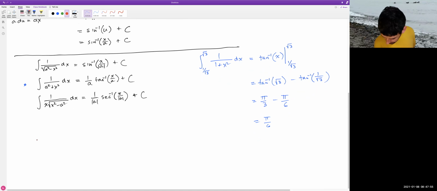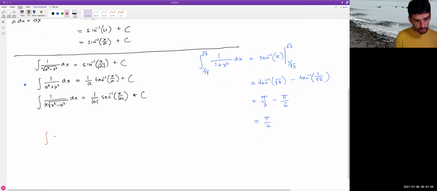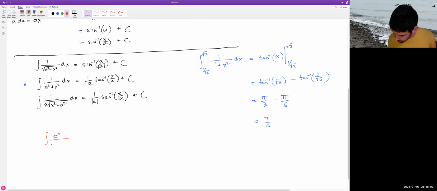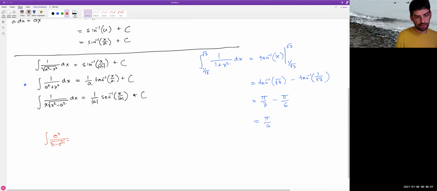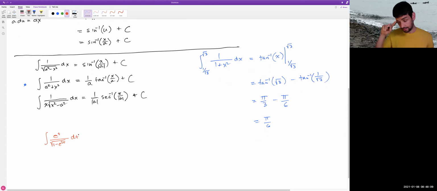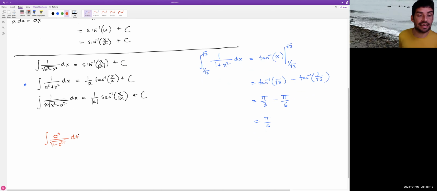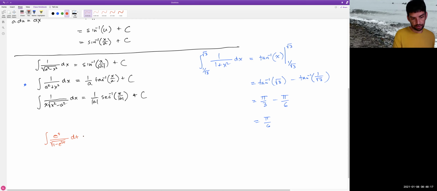Let's take the integral e to the t over the square root of 1 minus e to the 2t dt. Okay, so now this one doesn't look exactly like one of these, but we can use a little bit of algebra here. Let's use some rules of exponents to rewrite this thing.